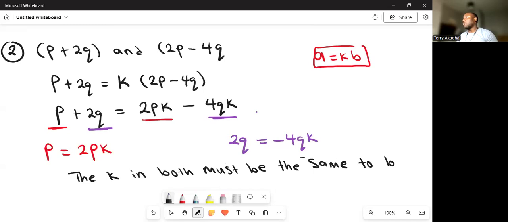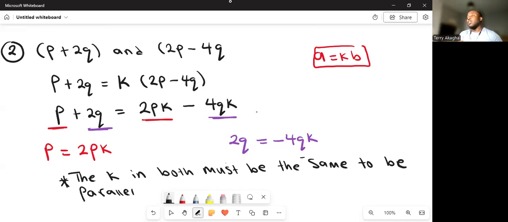So the K in P equals 2PK must be the same K in 2Q equals minus 4QK.